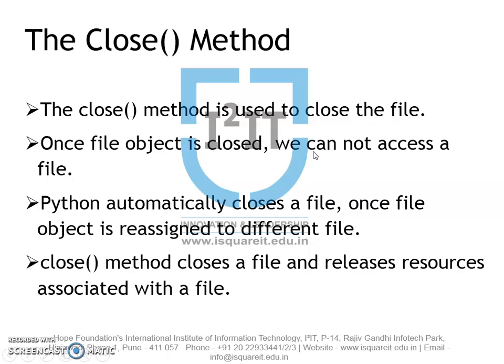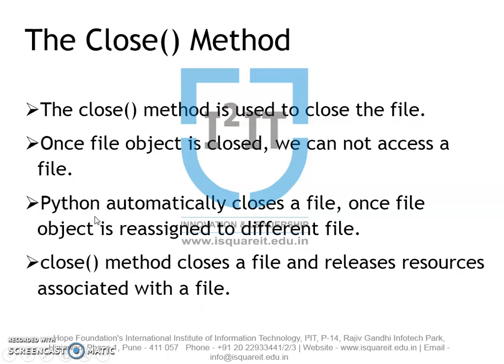Once it is closed, we cannot access that data. Python automatically closes a file once the file object is reassigned to a different file; the previous file is automatically closed by Python. The close method closes the file and releases the resources associated with it.